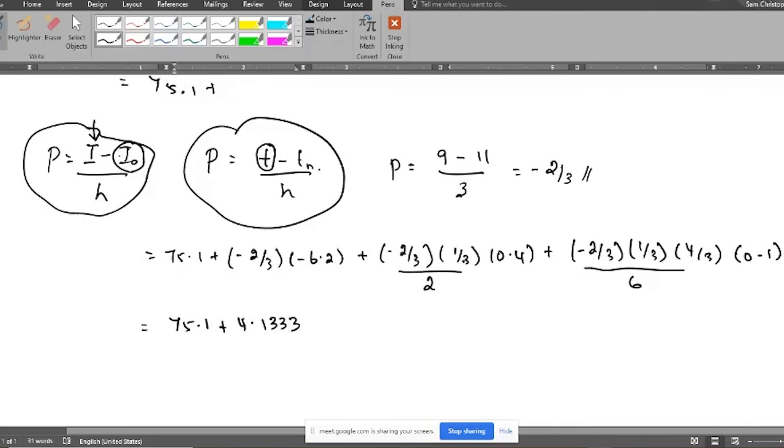Next, minus, because minus is here. So 2 by 3 into 1 by 3 into 0.4 divided by 2. How to do this? 2 by 9, so 2 by 18, so minus 2 by 18. The 2 cancels out, which is nothing but 1 by 9.